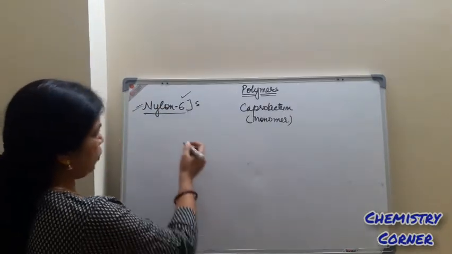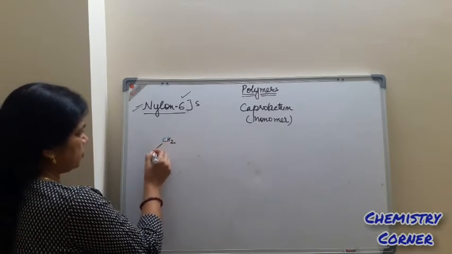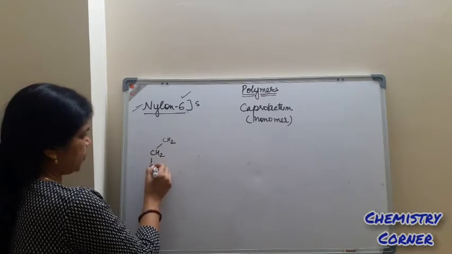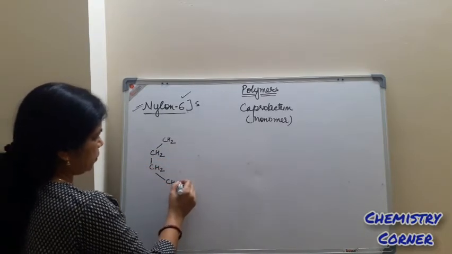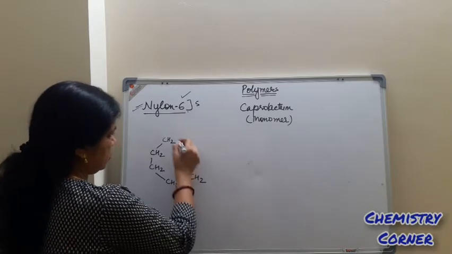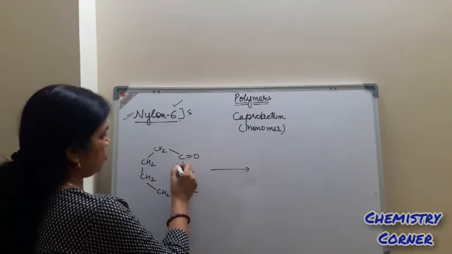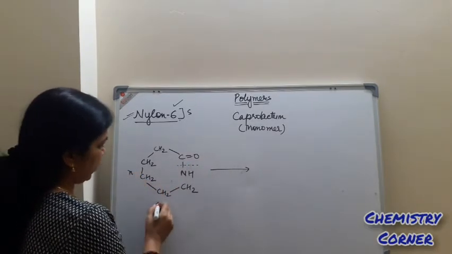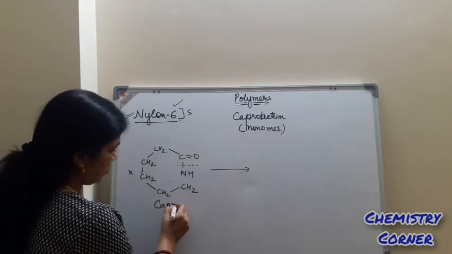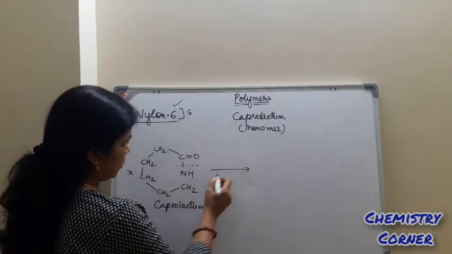Now we are focusing over the equation. Caprolactam is made up of 6 carbon, so bond is going to break between this, and N molecules of caprolactam will be used for making nylon 6.